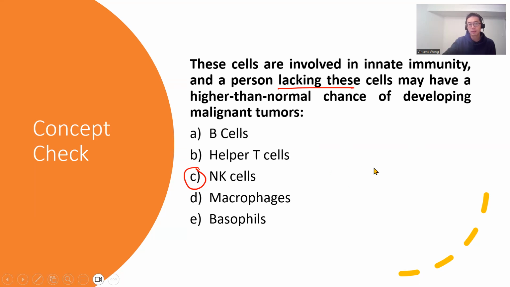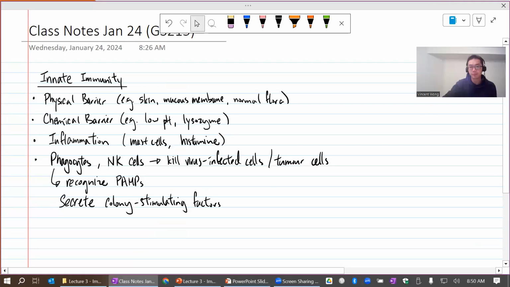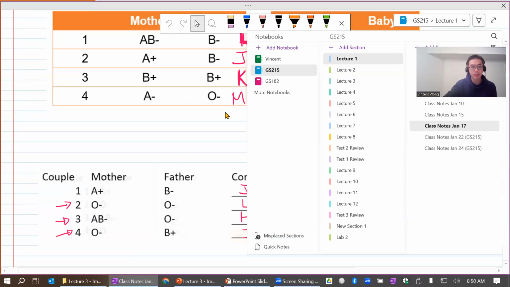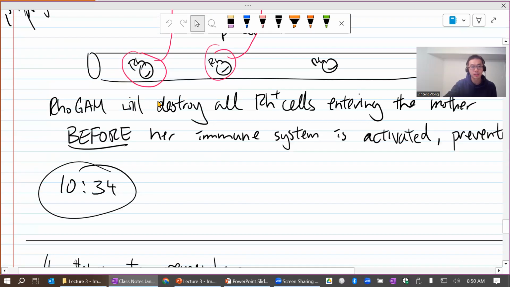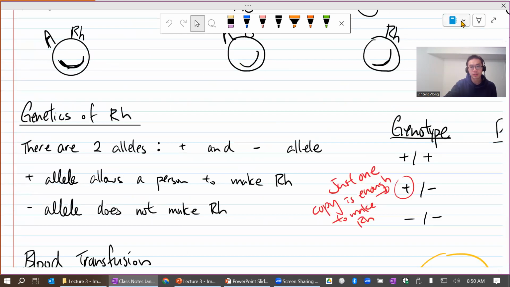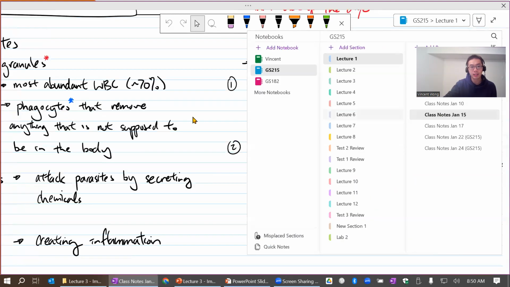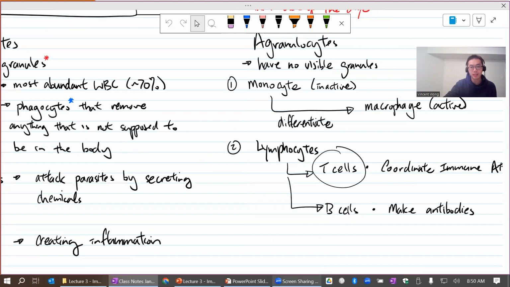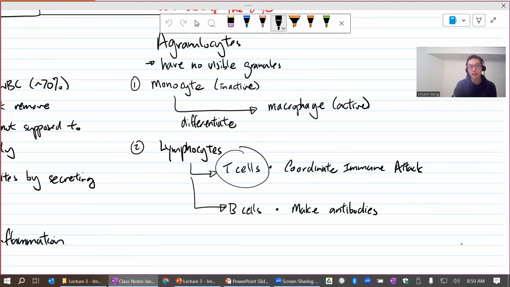Can you explain the other cells too, please? Can I explain what, sorry? The function of other cells a little bit. Yeah, so for example, B cells, we're gonna learn in a lot more detail today, but previously we wrote down that the B cells make antibodies.